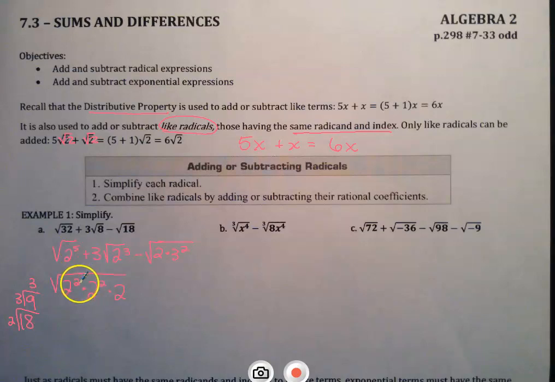So my 2 to the power of 5 is 2 plus 2 plus 1. The reason I rewrite it like that is because then I can bring this one out, because the square root of 2 squared is just 2. That would leave me 2 times 2 times the square root of the 2 that's left.